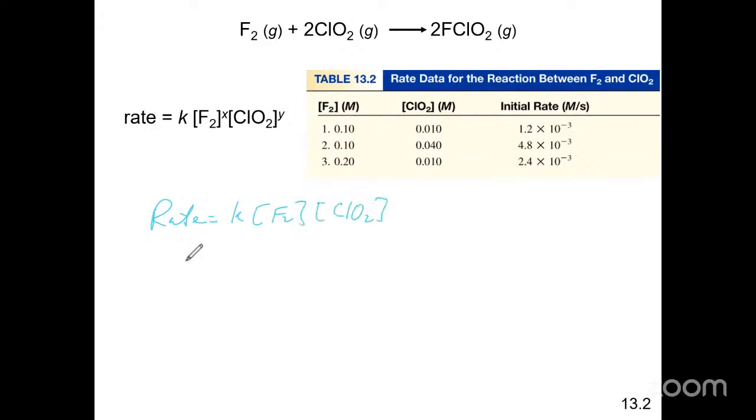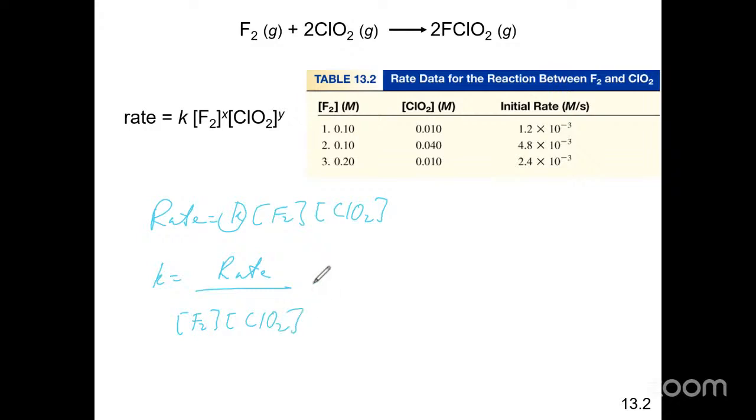So we know what the orders of the reactions are with respect to fluorine and ClO2, so we know that's 1 there, 1 there. To find k, we simply rearrange the equation algebraically to get k is equal to rate divided by the concentration of fluorine times the concentration of ClO2.